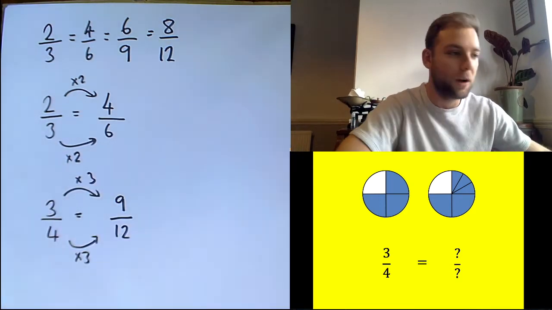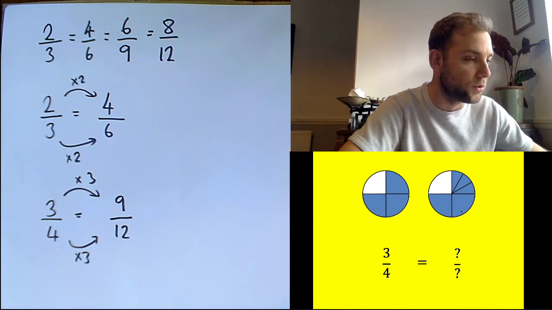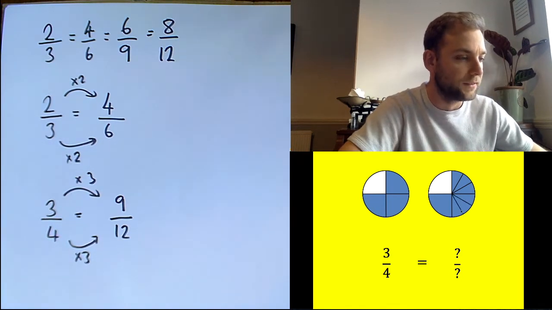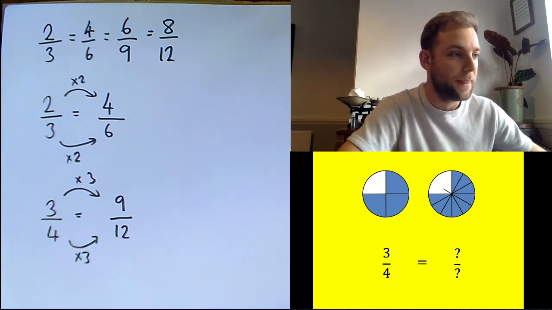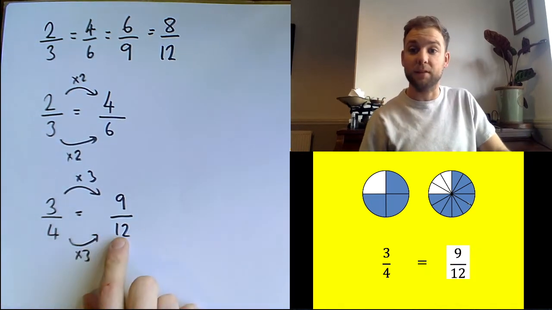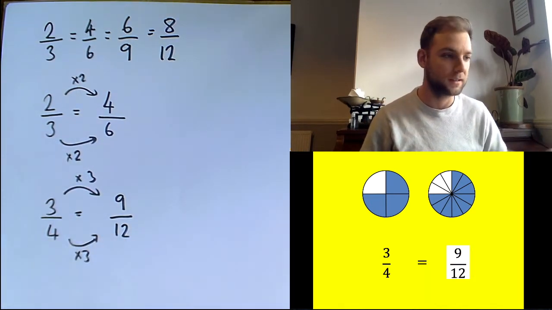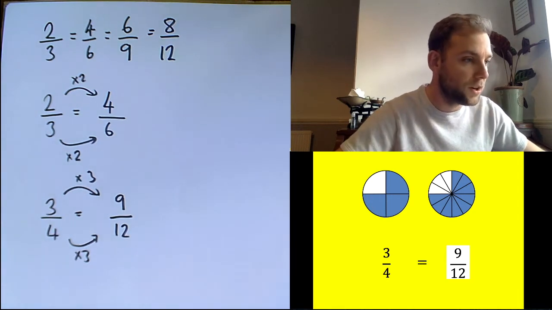So let's just check that that works for this one as well. So 1, 2, 3, 4, 5, 6, 7, 8, 9. So I've got 9 parts which are shaded, and then 1, 2, 3, so I've got 12 parts in total, which is exactly the same as I've got here, 9/12. Absolutely perfect.